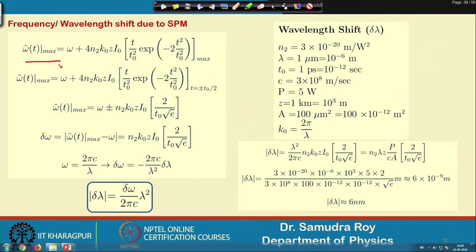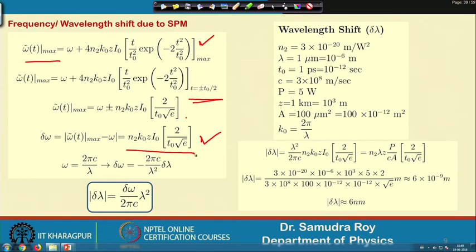The maximum value of the instantaneous frequency will simply be the maxima of this term sitting here, and if I calculate the maxima of this function by taking the double derivative and making it 0, then we have the value of t at which it will be maxima. Next, just put this value of t here, and eventually you will have delta omega, the maximum frequency change, which has a form like this.